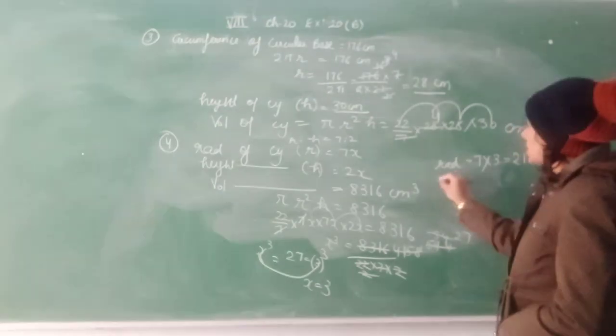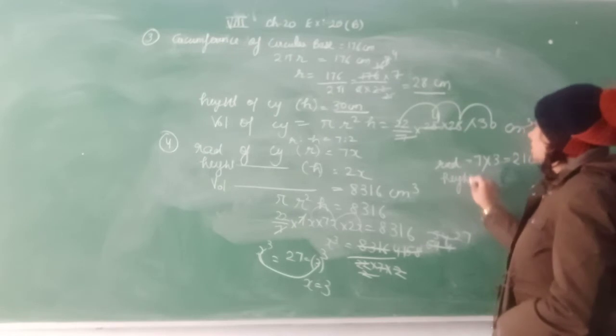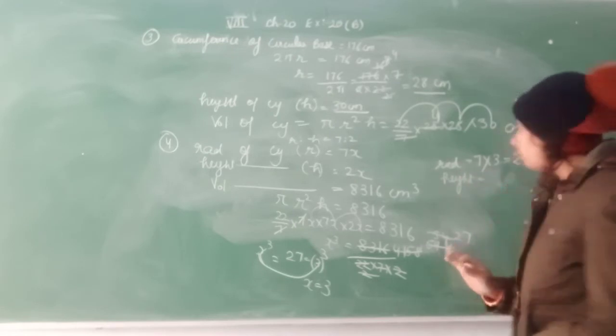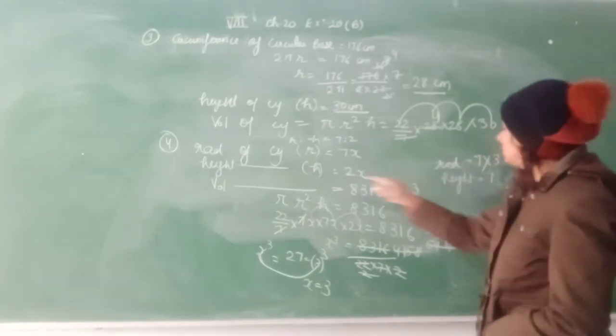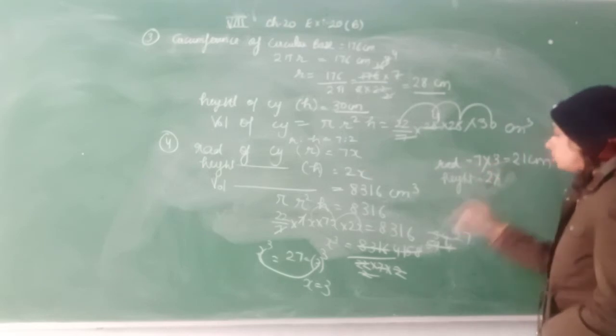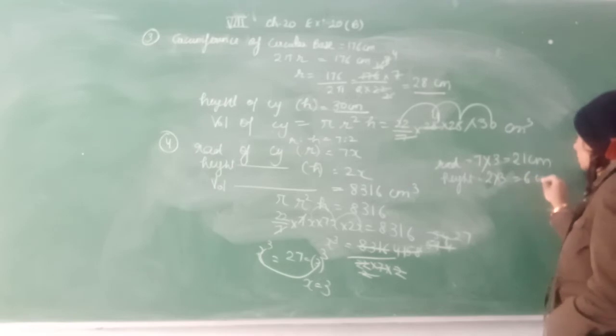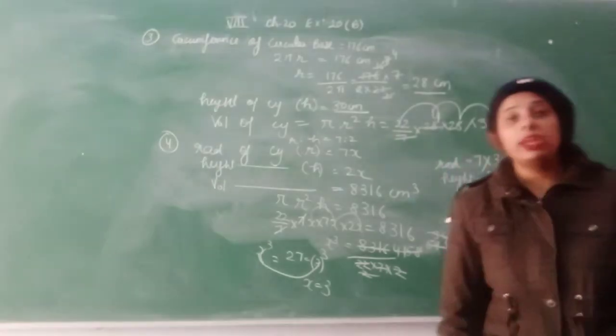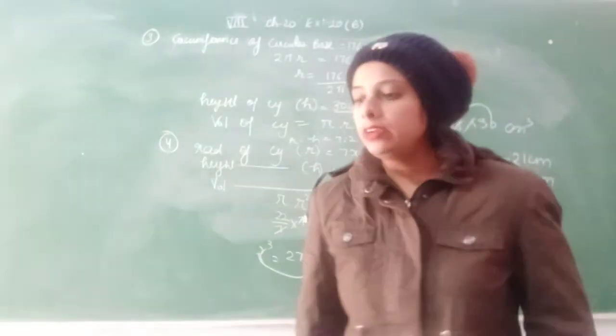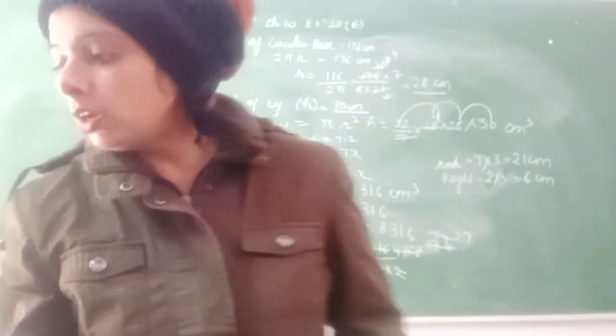In the same way you will get the exact value of height by putting the value of x here, that is 2 into x. So the value of x is 3. So 2 into 3, you will get 6 centimeter. So this is the exact value of the radius and the height, and you have to find this radius and height in this question. Come to the question number 5.